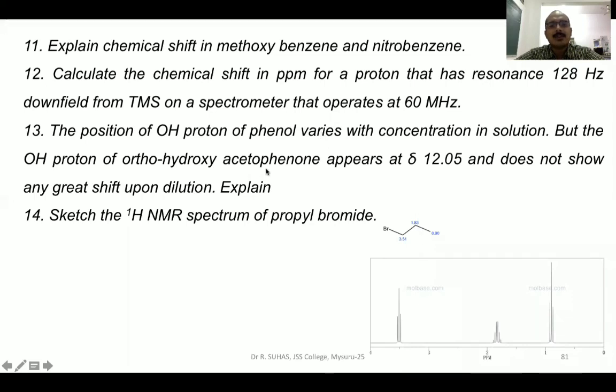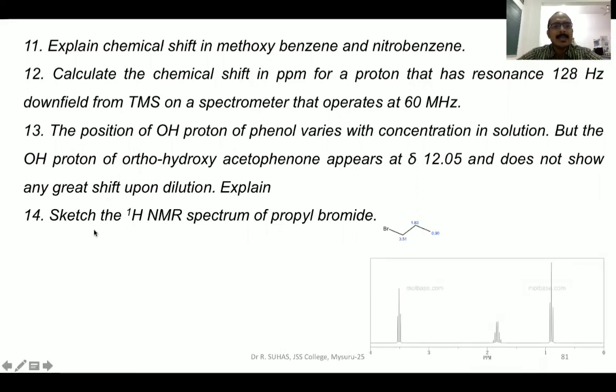Whereas in ortho-hydroxyacetophenone, there is a benzene ring, COCH3, and at the ortho position you have OH, and between H and O you will have a hydrogen bond. Upon dilution, because it is an intramolecular hydrogen bond, there will be no change in the delta shift. Whereas phenol shows intermolecular hydrogen bonding, and upon dilution the delta will vary like anything.